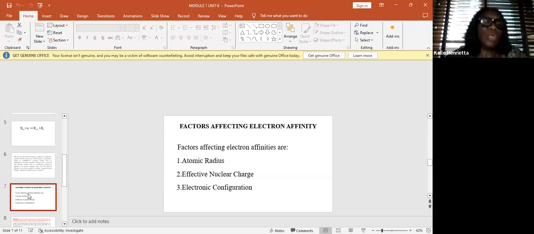We want to look at how the atomic radius affects electron affinity. Now, one thing you have to know first, and I've been teaching you this, is that the nucleus, of course, is positively charged. The electron is negatively charged.